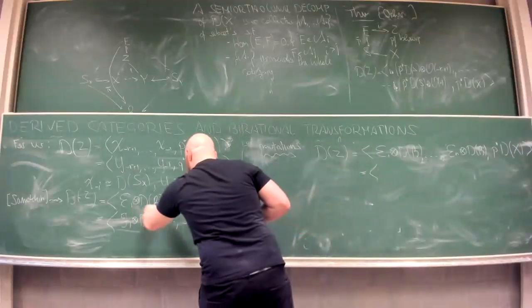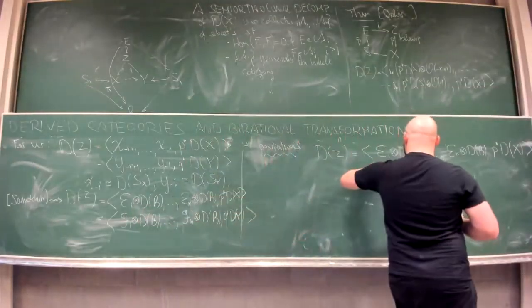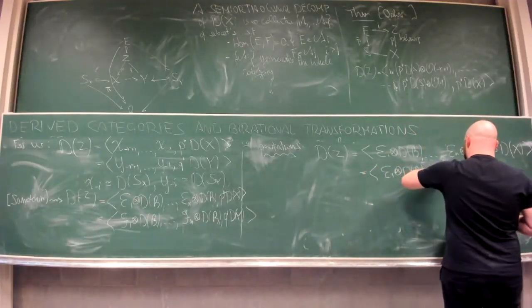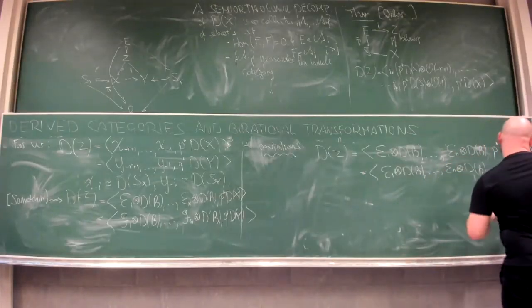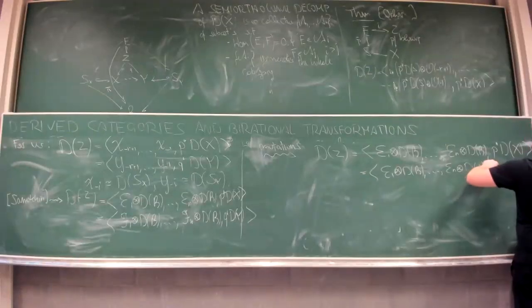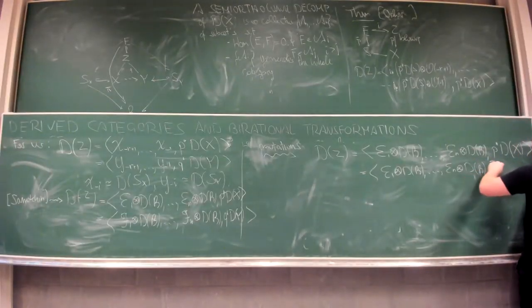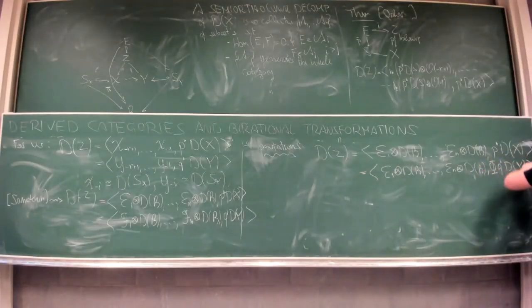While on the second one, we acted by transforming this collection until we find the same sequence of objects. E1 times D of B, En times D of B, and then you have some equivalence functor applied to Q pullback of D of Y.